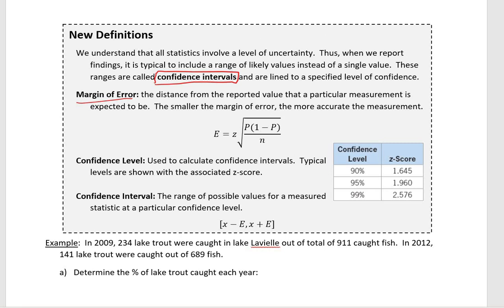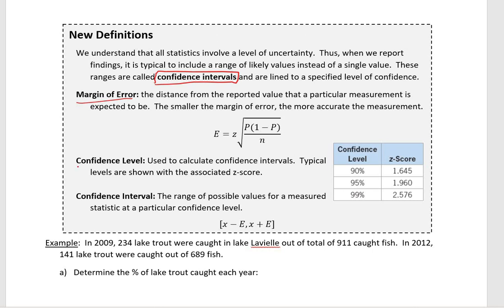So if we did 20 trials and 5 of them are what we are counting as successes, then that would be 5 out of 20 or a quarter. 1 minus P is just the complement of that probability, and N is the number of trials, the size of our sample. So we can use that formula to calculate the margin of error.